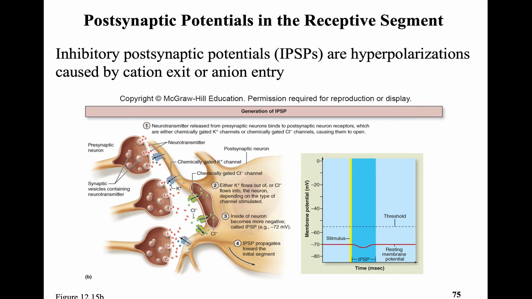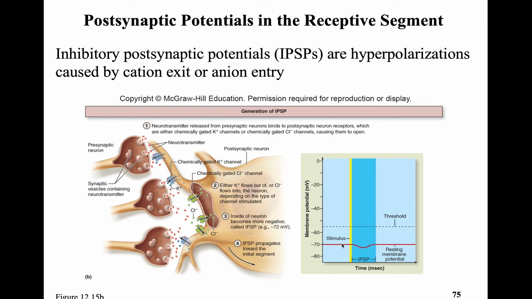That means we're not likely to reach threshold, and I'll talk about that in just a second. The other thing that you see in the picture is chloride. Chloride is the Cl in the picture. Notice it has a negative charge. So if chloride goes into this second neuron, it's going to make that neuron even more negative inside.